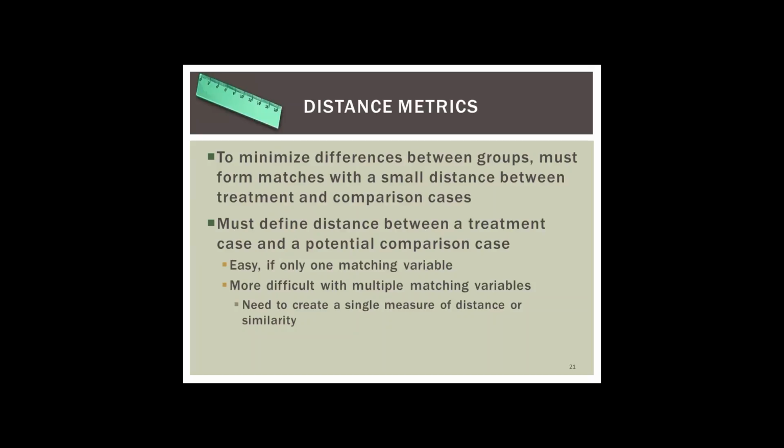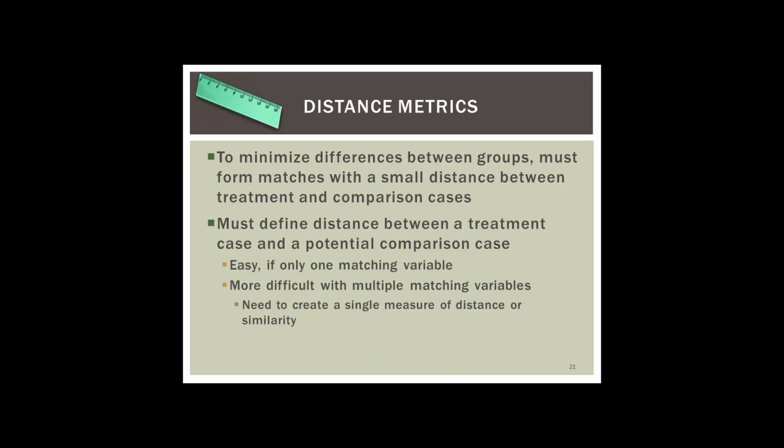You can think about if you had just one variable that you were matching on. So let's say, for example, age. It might be very easy to just match on age, looking at matching all 15 to 16-year-olds or all students that are less than 12 or something like that. But as you add more and more variables to be matched on, you can't quite do the matching by eyeball or by looking at the groups for similarity.